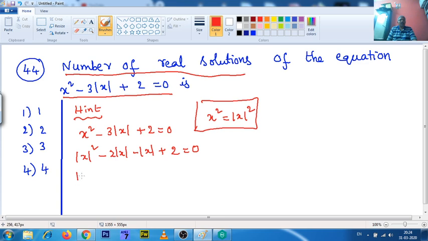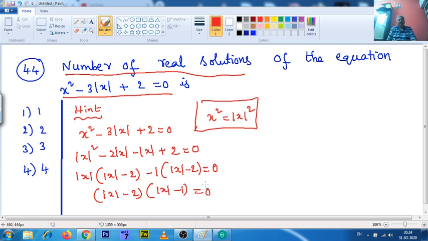Now take mod x common, we have mod x minus 2, and minus 1 common, mod x minus 2 equals to 0. Again mod x minus 2 is taken common out, we have mod x minus 1 is equal to 0. Now, both cases will arise here. What are the cases?